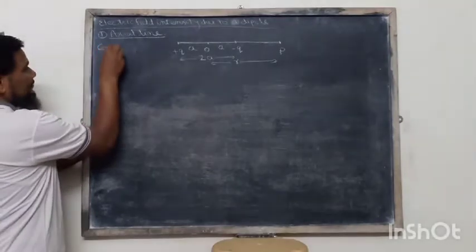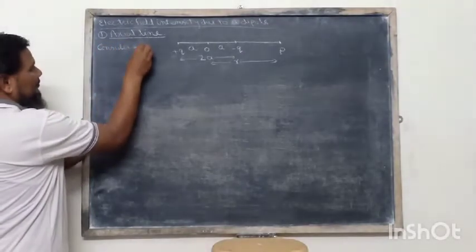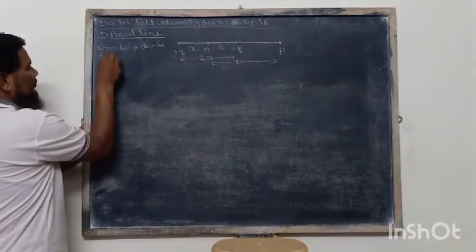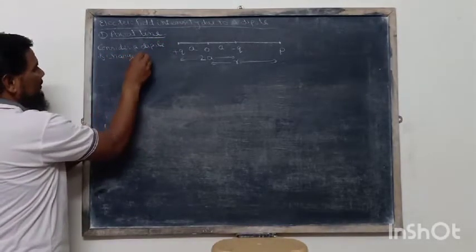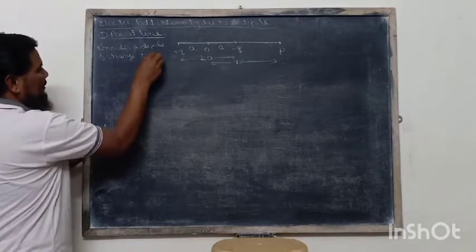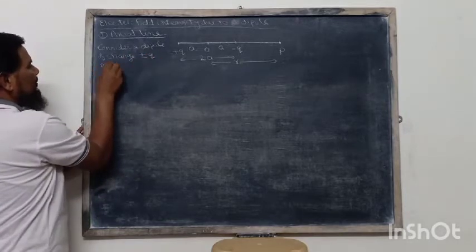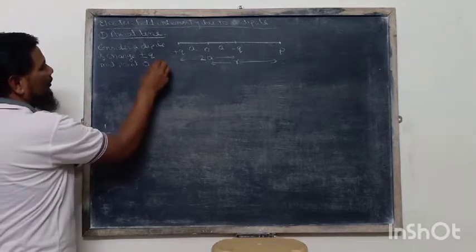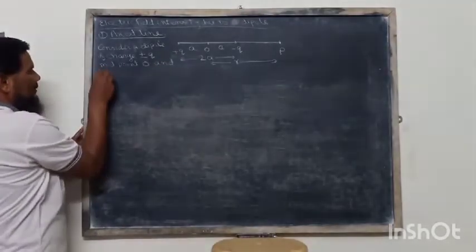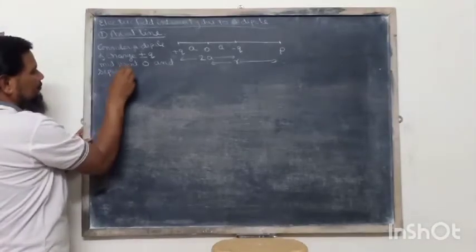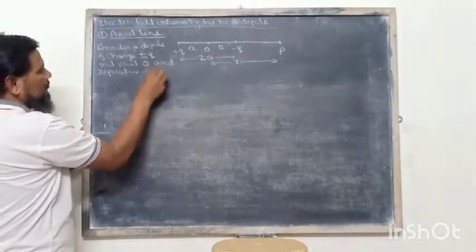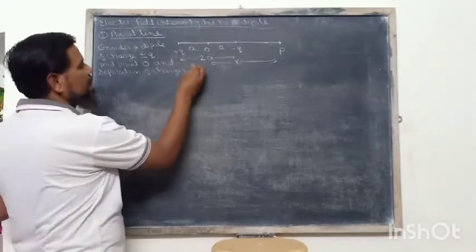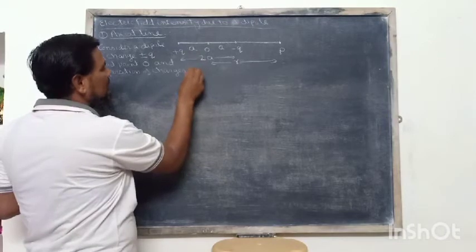Consider a dipole of charge plus minus q, midpoint O, and the separation of charges is 2A.